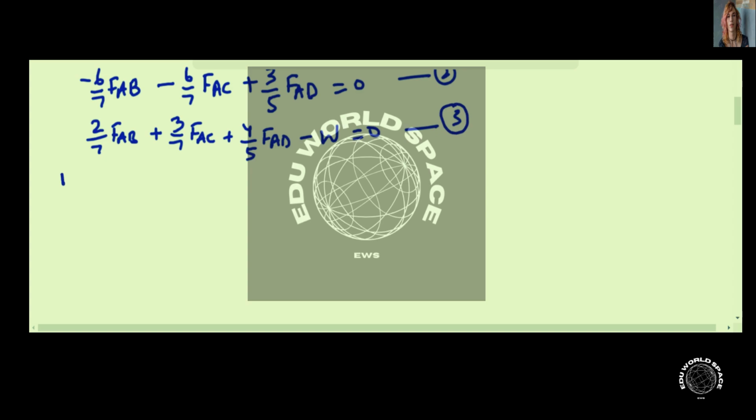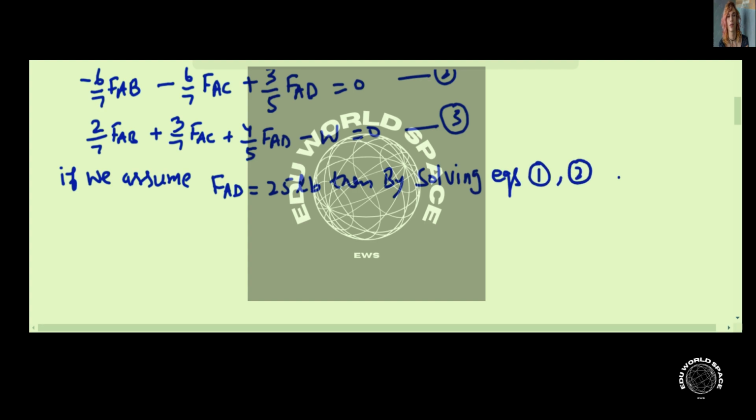So if we assume one of the cords, FAD, has 250 pounds, then by solving equations 1, 2 and 3, we will get FAB to be 70 pounds, FAC 105 pounds.